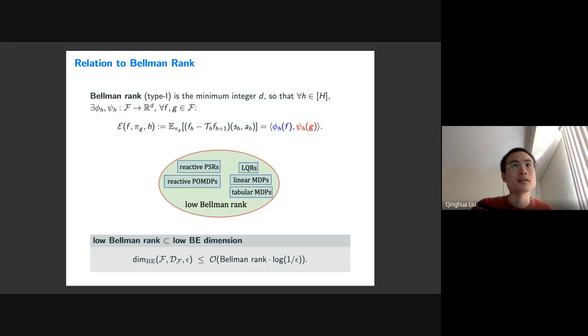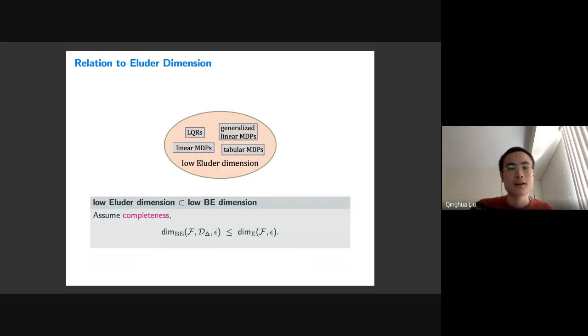The second thing we can say is about the eluder dimension. For any problem inside the low eluder dimension class, the previous works all made or explicitly satisfied the completeness assumption.